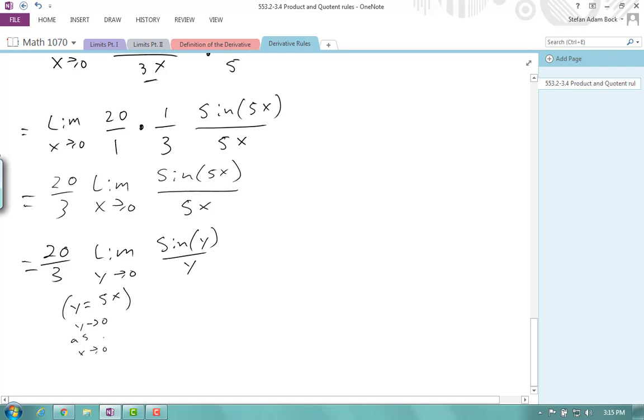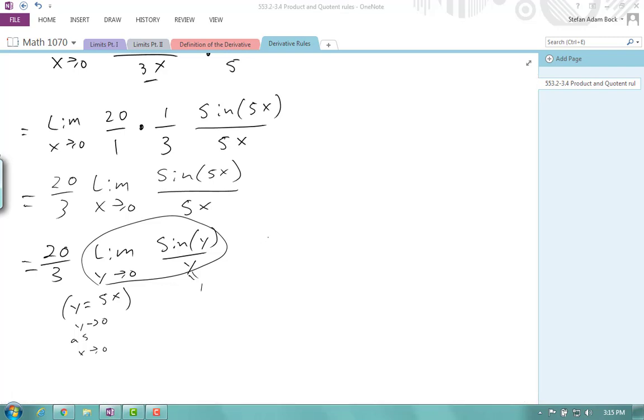This is technically an application of continuous functions where I'm able to move the limit to the inside of continuous functions. But we don't care so much about that process as we do the result. So in the end, my limit is equal to 20 over 3 times 1.